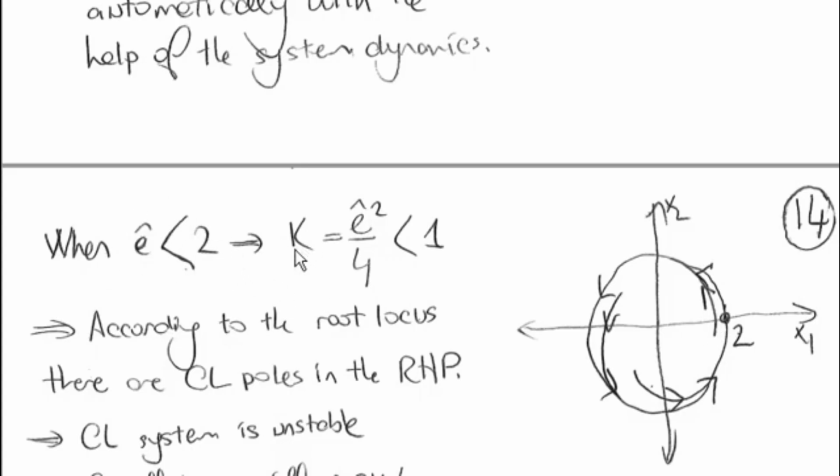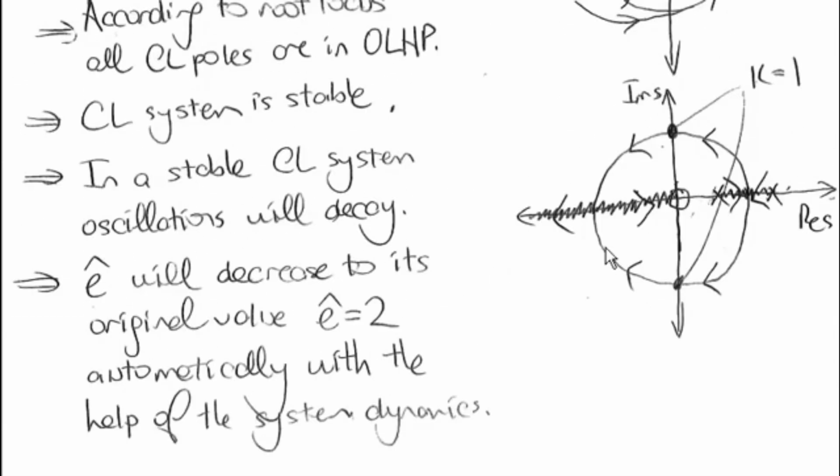And in that case, since this gain is equal to E hat square over 4, this gain becomes smaller than 1. But what does gain being smaller than 1 mean? It means that the closed loop poles will go to the right hand side, and closed loop poles in the right hand side mean that the closed loop system is actually unstable. So I will have two closed loop poles here in the open right half plane with positive real part.